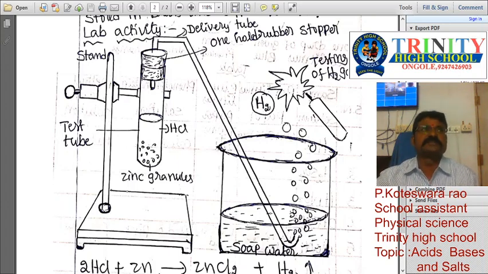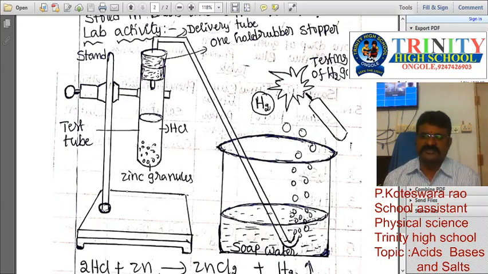The apparatus are the stand, test tube, zinc granules, HCl (hydrochloric acid), delivery tube, glass beaker, soap water, candle, and wooden base. These are all the apparatus required. Then the second stage is completed. What about the third one? Precautions.